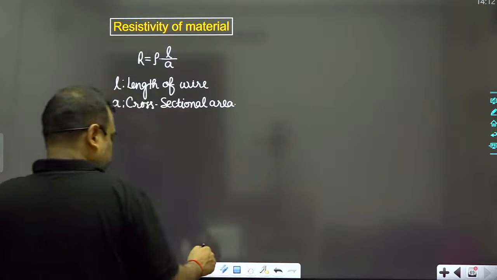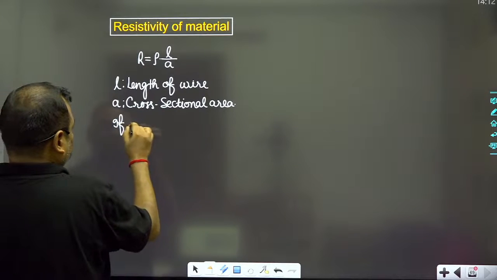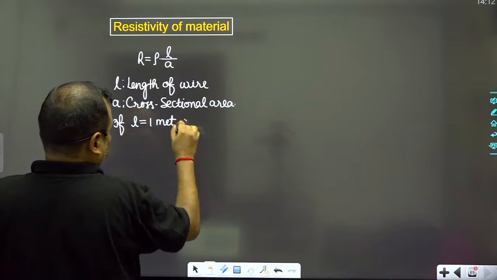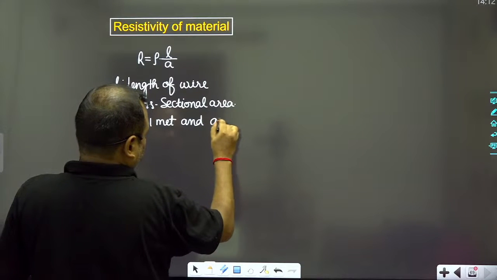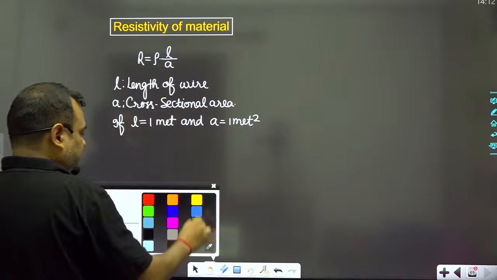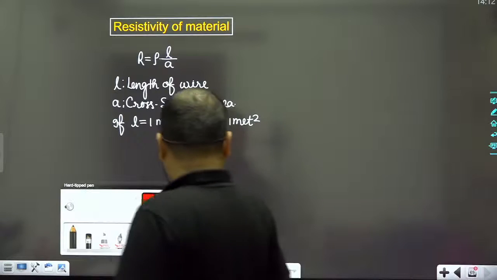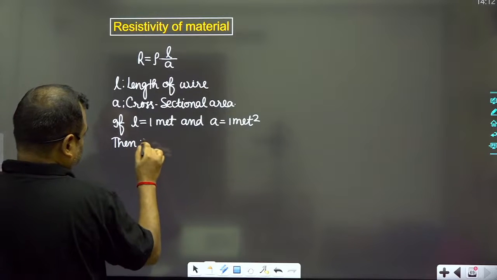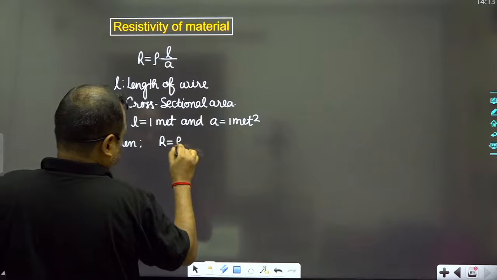Suppose that L is equal to 1 meter and A is equal to 1 meter square. Then R is equal to rho.